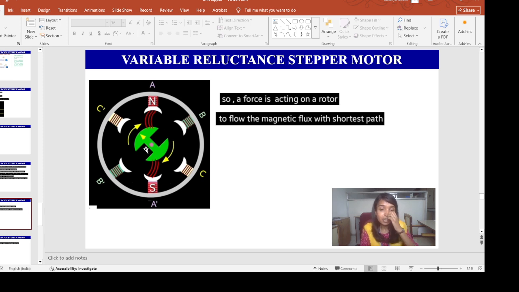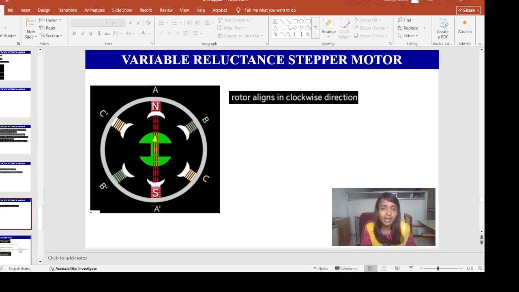In this situation, since we have energized A and A dash, a force is acting on the rotor, one here, another one here. And the rotor will rotate in the clockwise direction because the magnetic flux needs the shortest path. And it will be aligned like this.